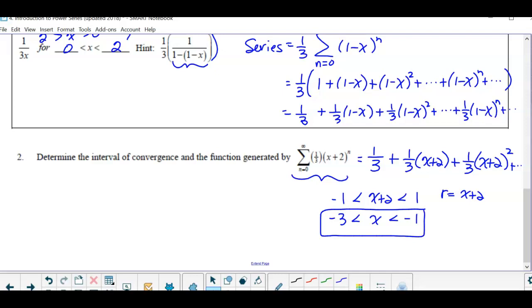And then the function generated by this, it is a geometric series. So our function, we can call it y, equals the sum of the infinite series. The first term is 1/3, over 1 minus the common ratio, x plus 2. Really the 3 can go down below, and then we'll have negative x minus 1.